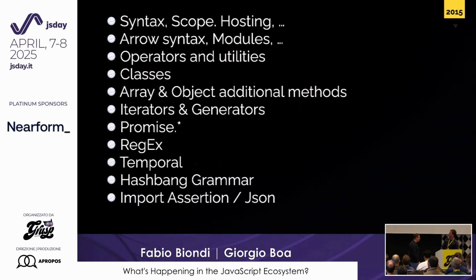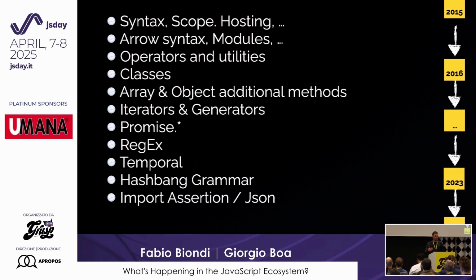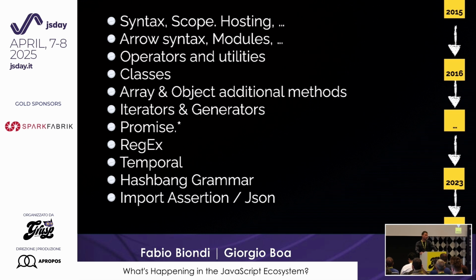Okay, so let's start. In 2015, we have ES6, the language has been completely rewritten and changed, adding new syntax and features in order to create a more powerful and flexible language. The introduction of let and const offered more control over variable scope. Arrow functions made the code more concise and help to handle the this, for example, in classes.